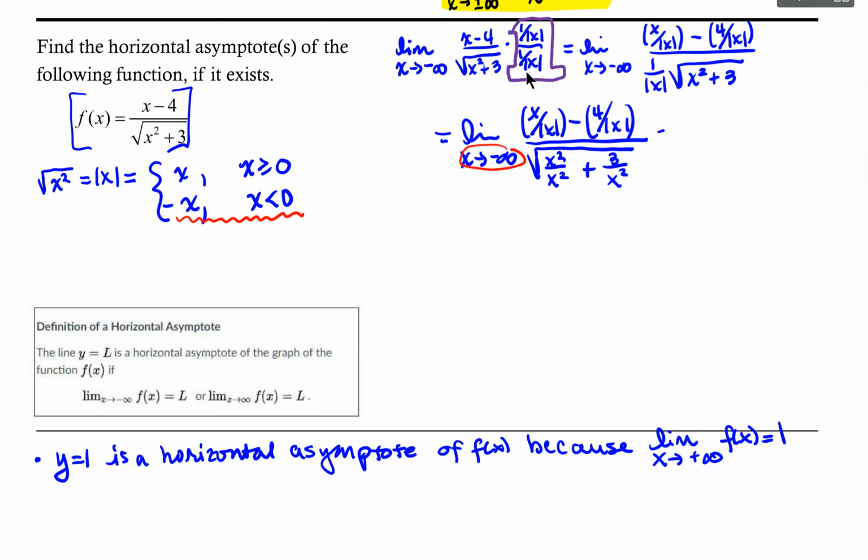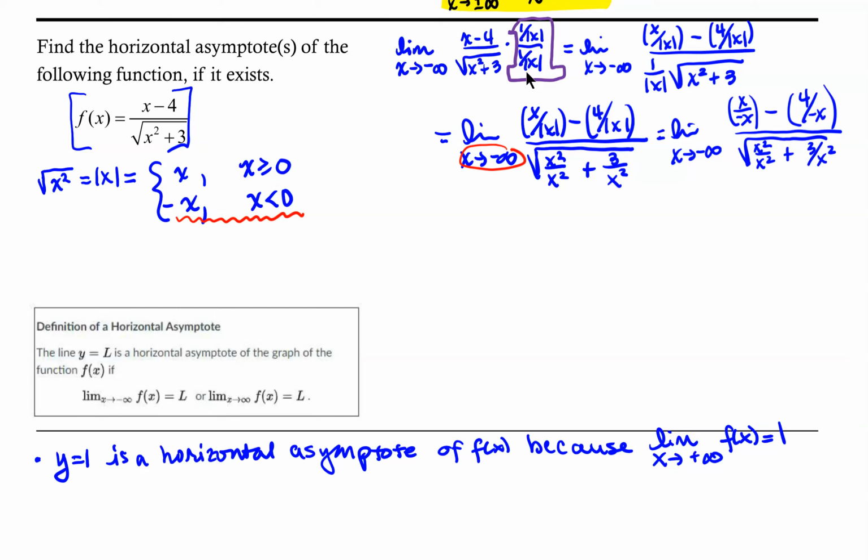So what do we get? We get the limit as x approaches negative infinity of x over negative x minus 4 over negative x, divided by the square root of x squared over x squared plus 3 over x squared.